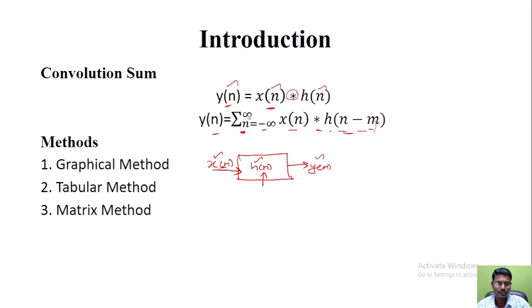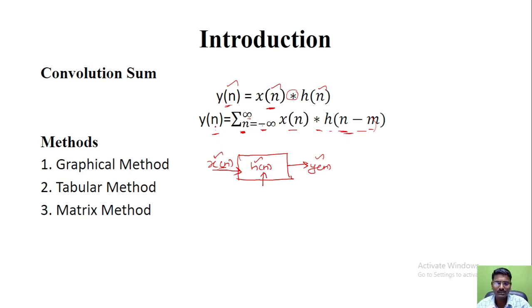So h of n minus m is the impulse response. We are going to substitute the values of m from 0 to infinity or minus infinity to infinity based on the input samples, right? So this is the formula for convolution sum.